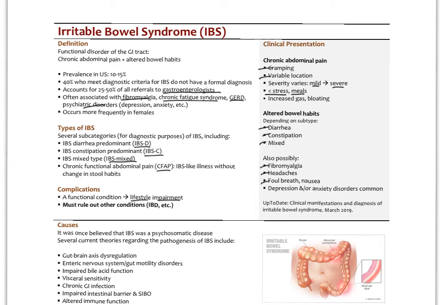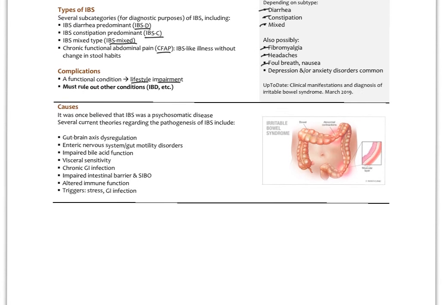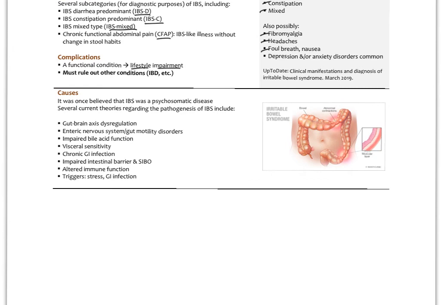The causes are, if you go on the internet and just look through the research literature, multiple. So we have not identified the cause of IBS. Once it was thought it was all just purely psychosomatic, we now know there are actual functional changes in the gut wall. Probably the biggest area of research is looking at IBS as an enteric nervous system problem, involving gut motility issues.